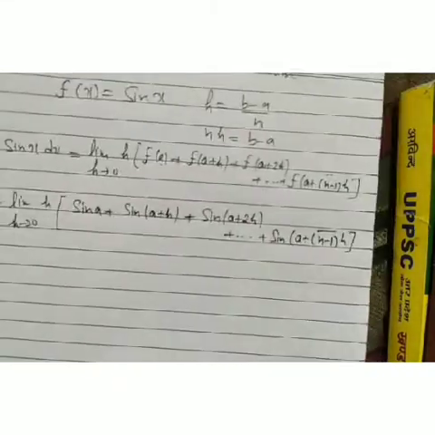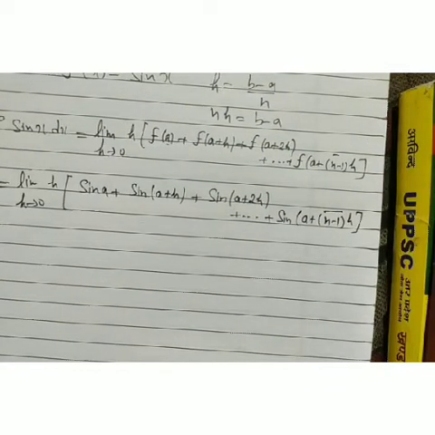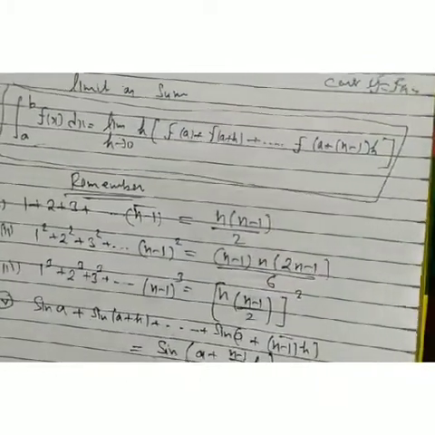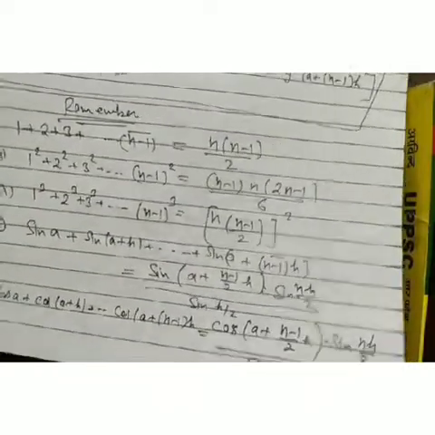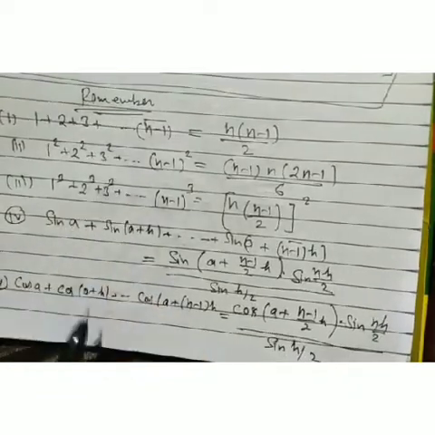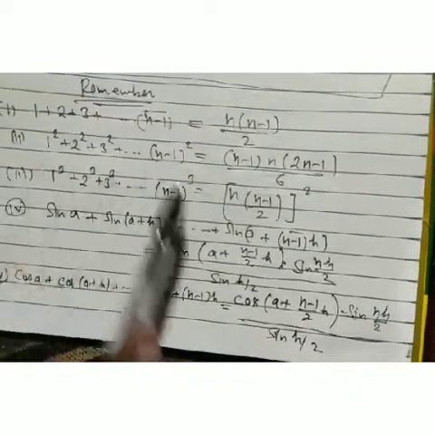Now after putting the values, look, yesterday when we discussed limit as a sum, I told you that you have to learn some values, which you have to remember here. Look, I'll tell you that we have to remember some values there. Remember, you can take a screenshot of this.